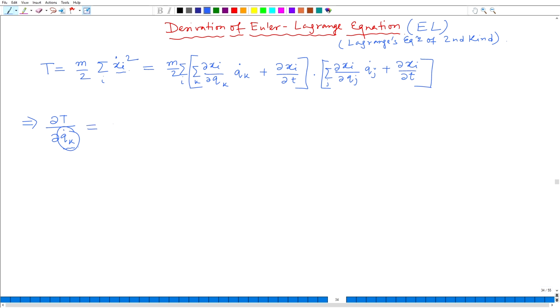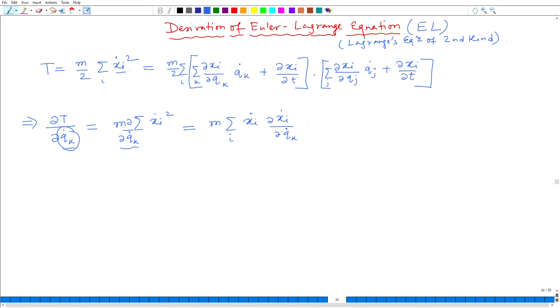This is nothing but m summation over i of x_i dot squared, differentiated with respect to q_k dot, and this can enter to give m summation over i of x_i dot times del x_i dot by del q_k dot.